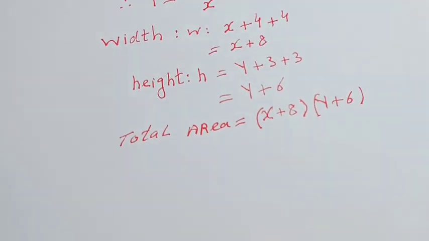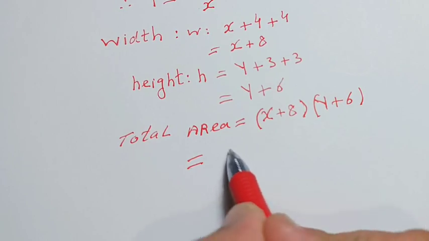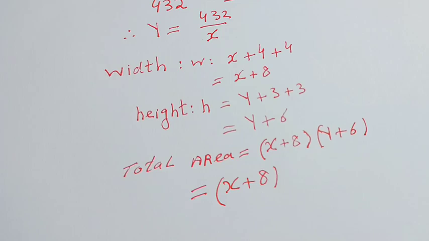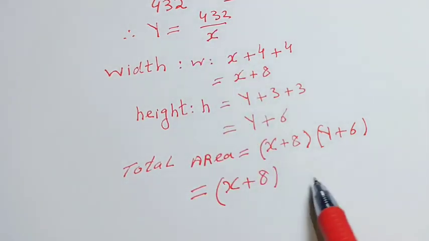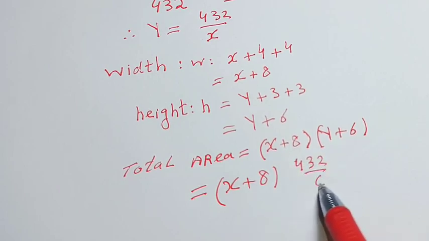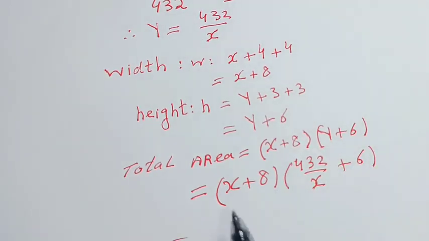Now obviously I'm going to leave x plus 8 just like this, and in place of y I'm going to substitute what I isolated, 432 over x, plus 6. So now we're going to FOIL.